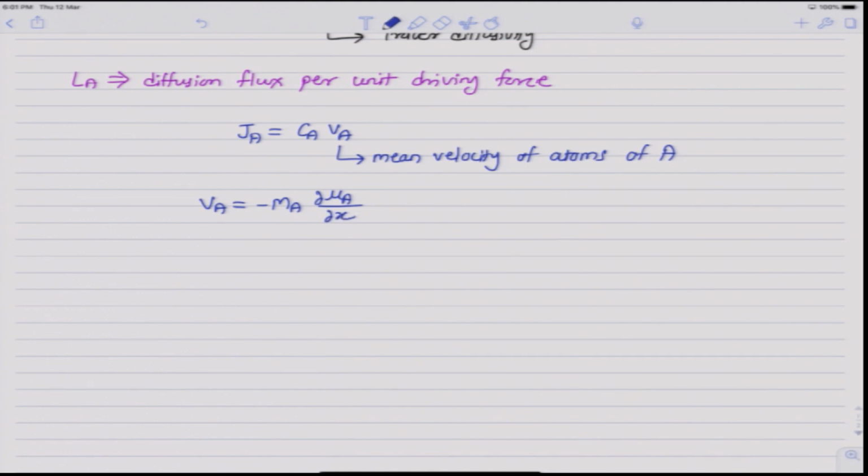So, negative dou mu a by dou x is the driving force here, and ma is the constant of proportionality, which is called as atomic mobility of A. So, similar to the kinetic coefficient, if we rearrange, we know the physical significance of the term mobility. Just like kinetic coefficient was the diffusion flux per unit driving force, mobility is the velocity per unit driving force. So, ma is nothing but the velocity per unit driving force.